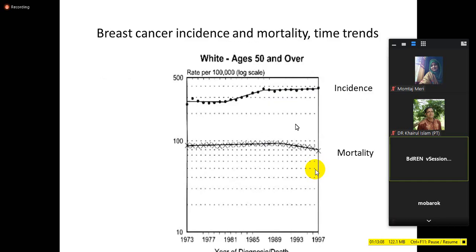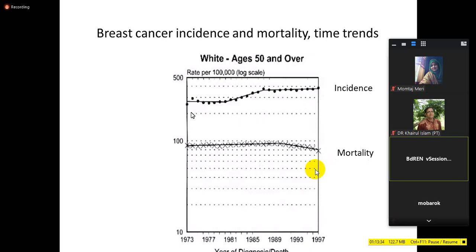So this is another graph I am showing you, breast cancer incidence and mortality time trend. If you see these two graphs here, in one graph we can see the incidence rate, and in another graph we can see the mortality rate. Though the incidence rate is higher, the mortality rate is lower. This is the first interpretation.